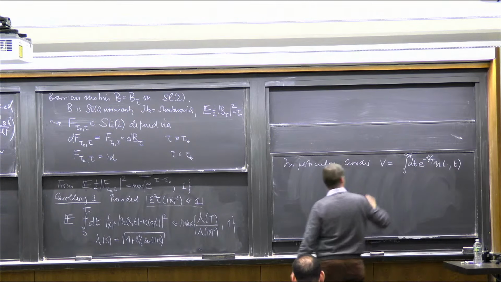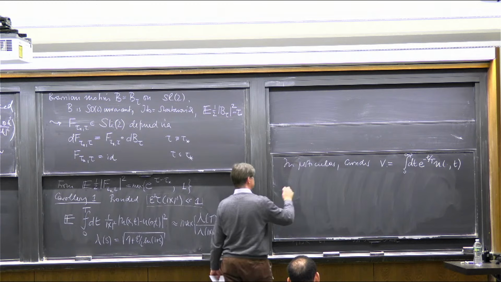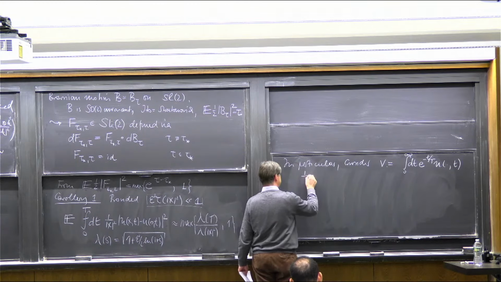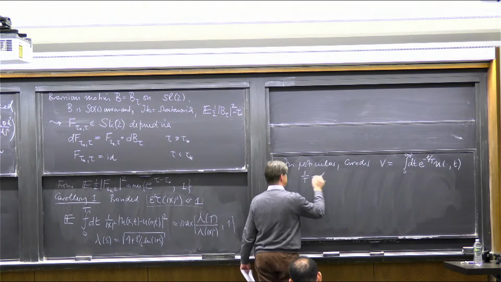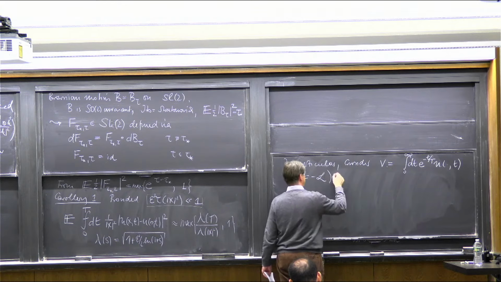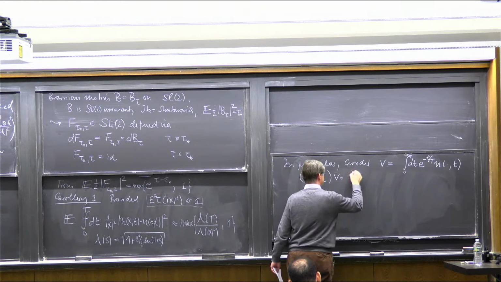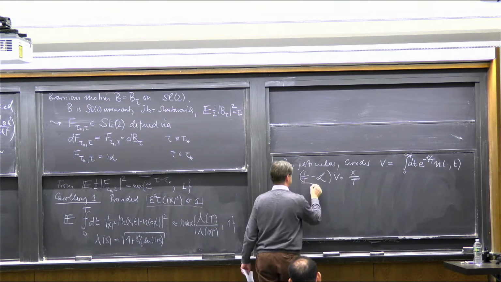Why do I do this? Because this function solves a nice equation. That's standard. It solves the resolvent equation of the generator with a very nice right-hand side.